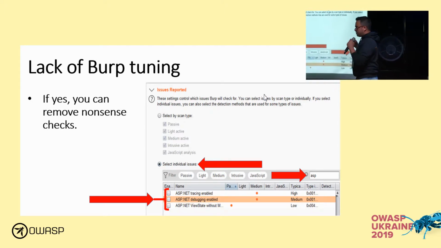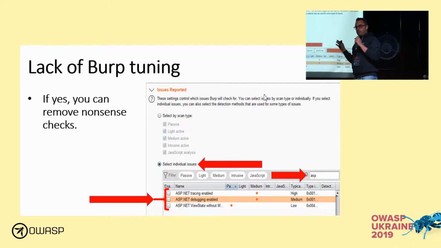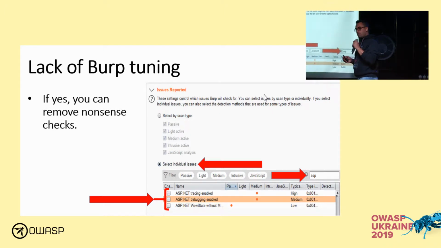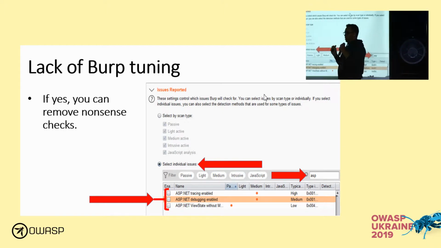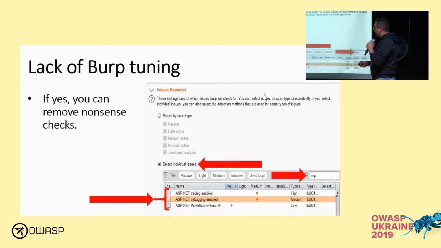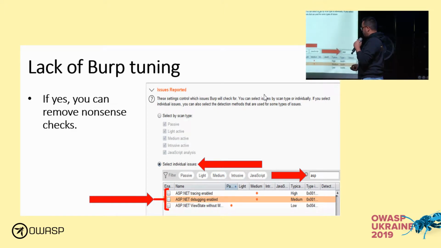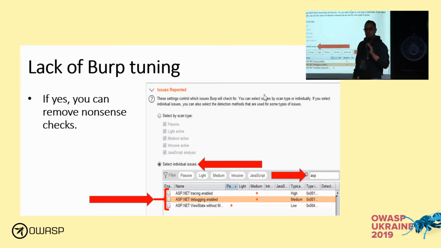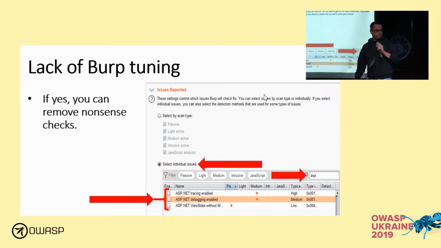This is one point where we can make it faster. If you know the application properly, the language or whatever, you can come here and remove the things that make no sense for your application. Right? Any questions? Nope? Good.